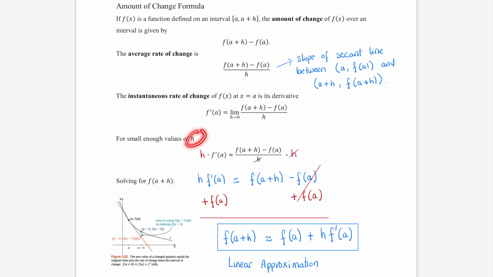When h is small, we can approximate the function value using this formula. This idea of using derivatives to estimate function values is extremely useful and will appear often in calculus.